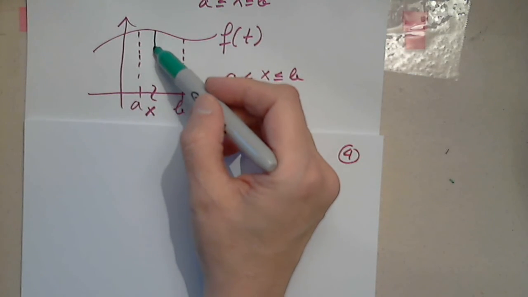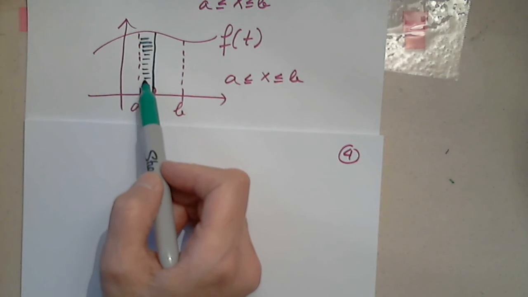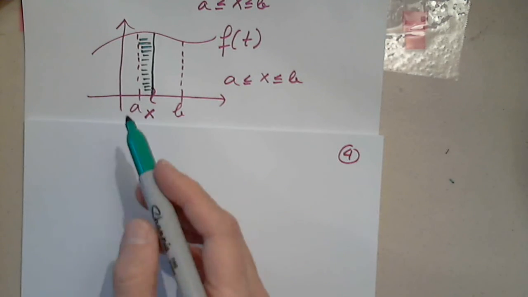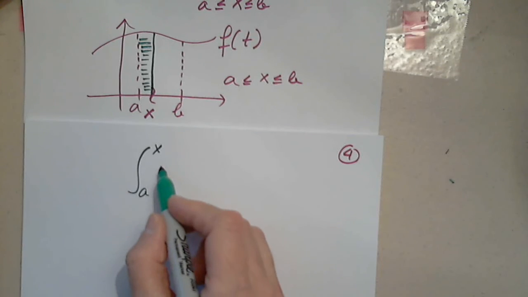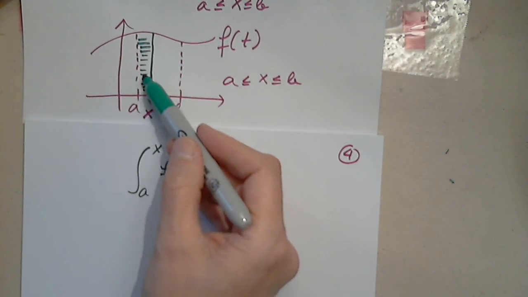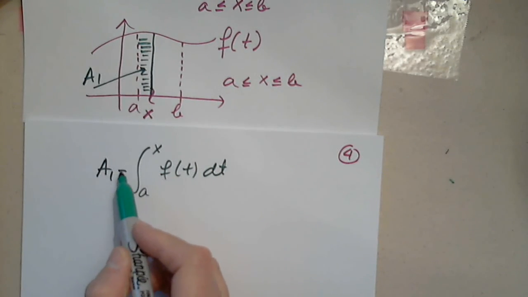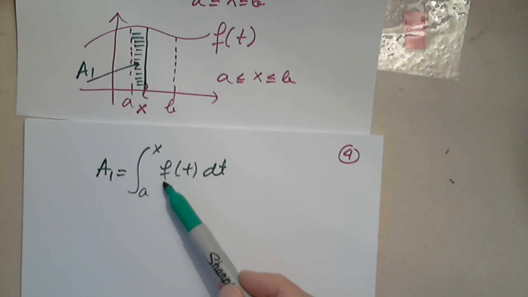And for this particular area, could I say that that is the integral from a to x from f of t dt? This area, I'm going to call it a1. Can I say that a1 is the integral from a to x from f of t dt?